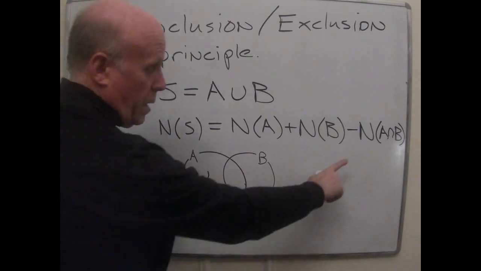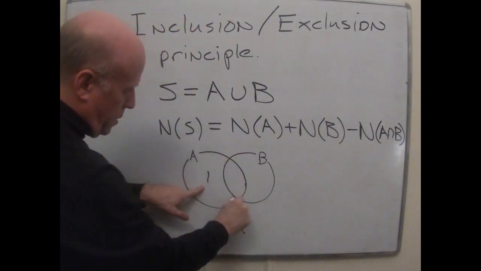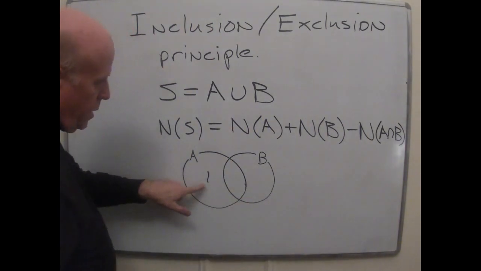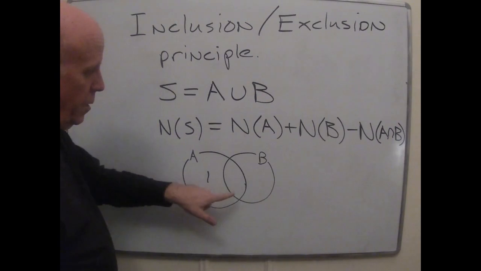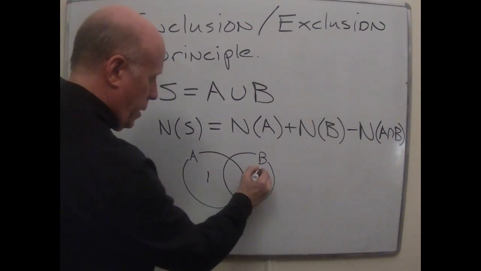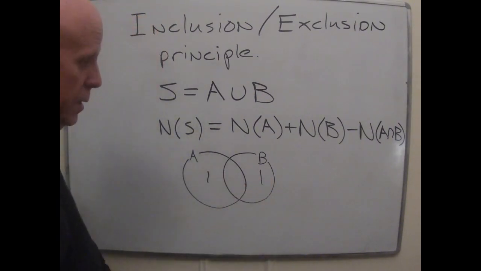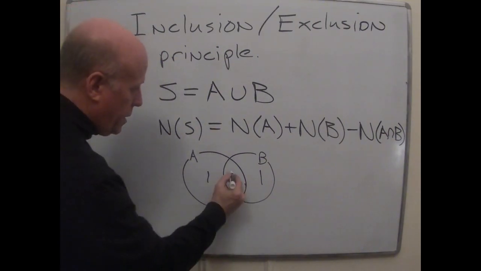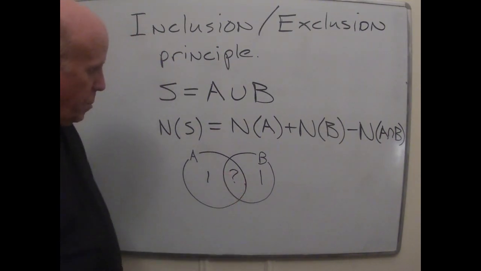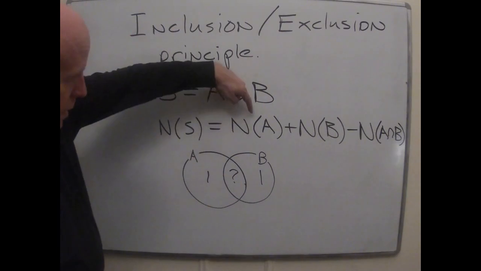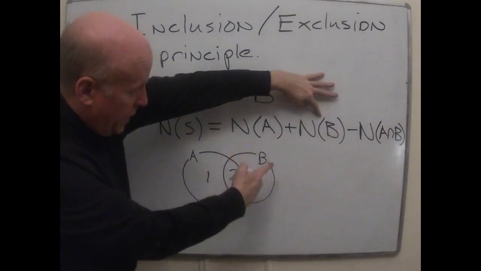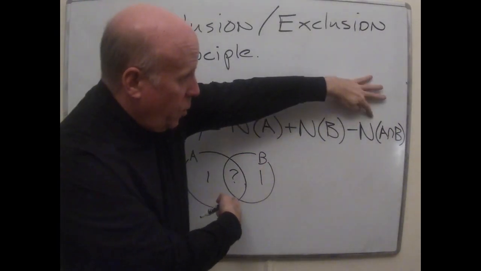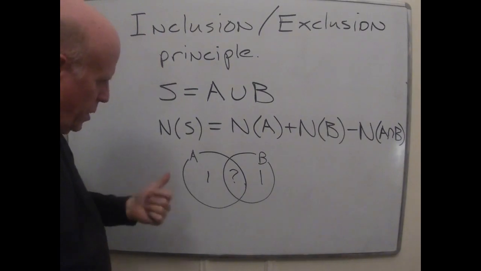And I'm not going to be in the intersection. The intersection is this football-shaped thing in between them. Similarly, if I'm on the outside here, I get counted once. The only thing that's tough to figure out is how many times somebody in the middle gets counted. They get counted once because they're in A. They get counted again in B, and then we take away one. So it was 1 plus 1 minus 1.